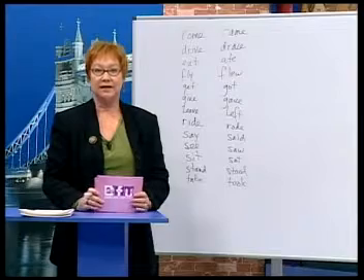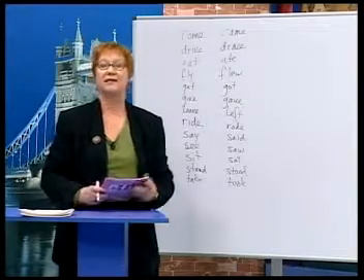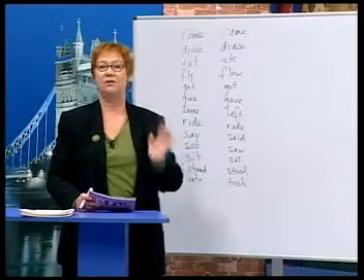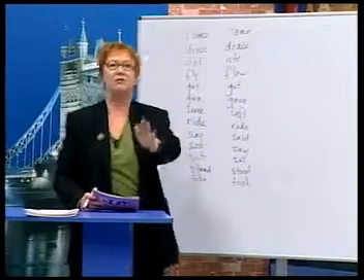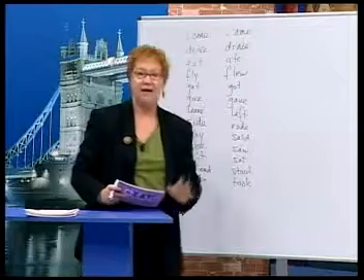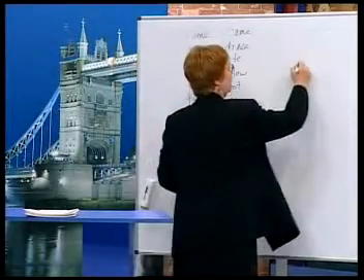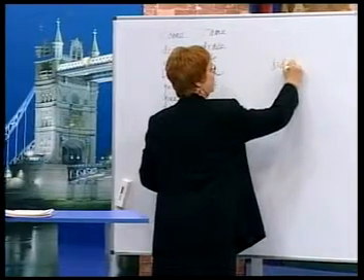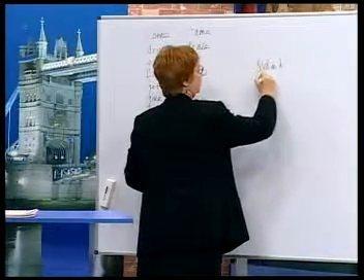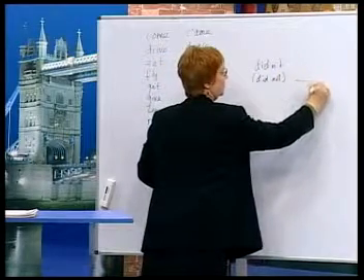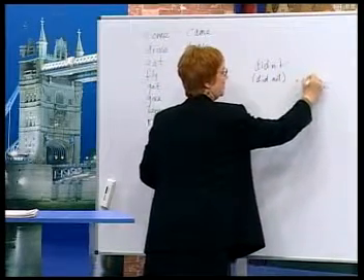Notice, again, the simple past form is the same for everybody. I, you, he, she, it, we, you, they. Okay? And the negative past is made with didn't, did not, plus the verb. Normal verb, let's say.